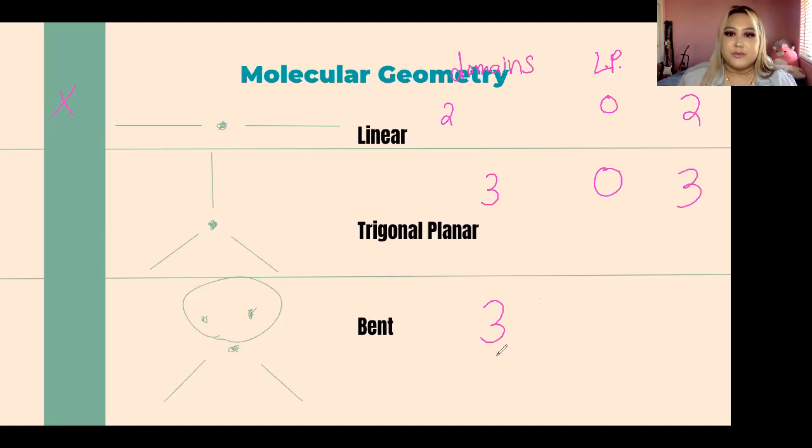So we have 3 domains. How many lone pairs? 1. And then that means there's 2 bonded pairs depicted as lines here, and the lone pairs are the circles. Sorry if my drawings aren't that good. Does anyone have questions on how we filled in that chart?